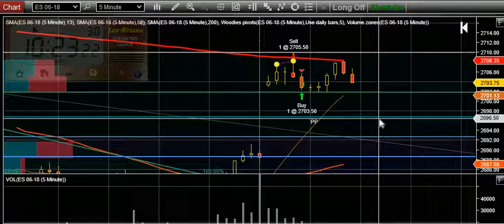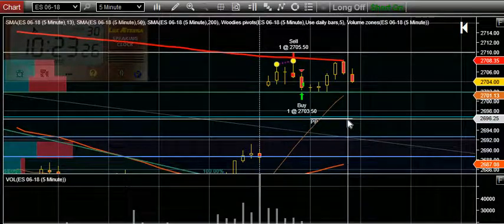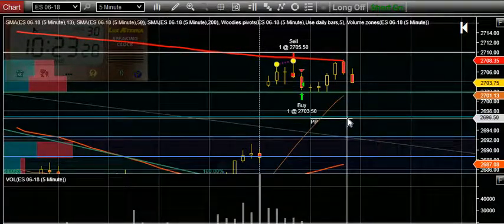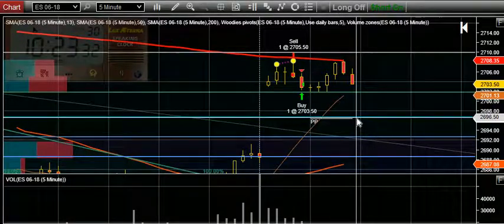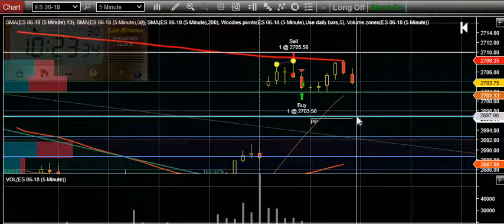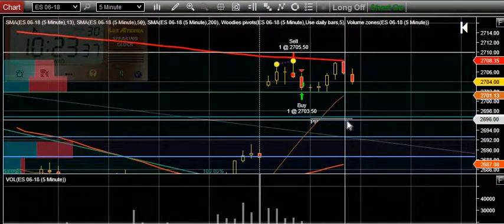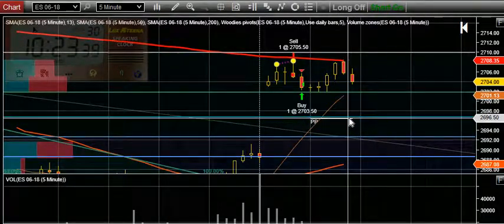It touched the pivot point, but today the pivot point happens to be right there at the fib line. So I wonder if Woody's pivots has anything to do with the Fibonacci calculations here. It was near the fib yesterday too, so I wonder if this has anything to do with it.